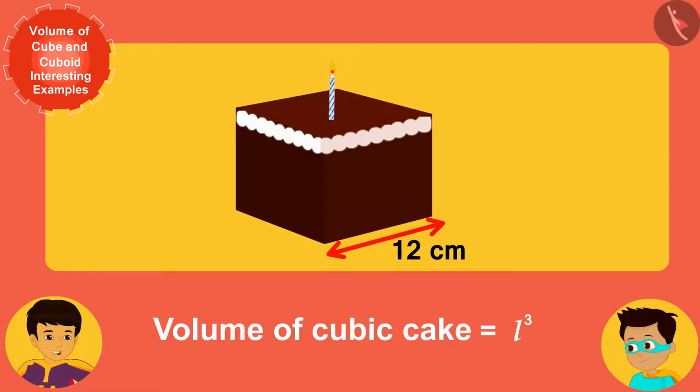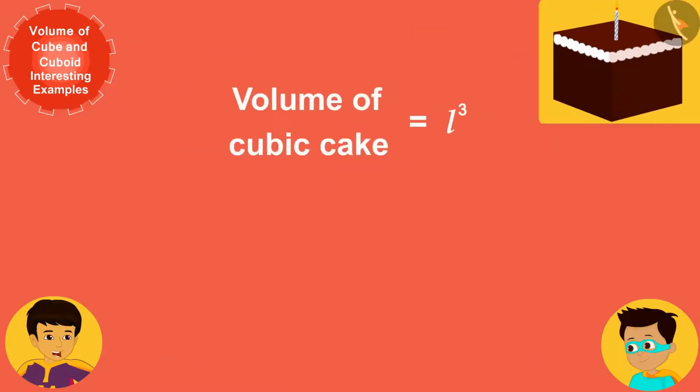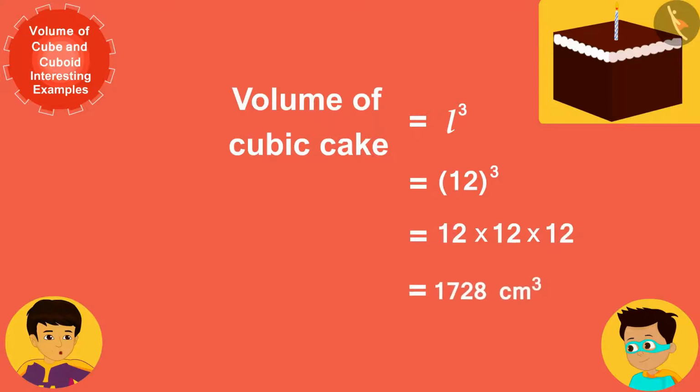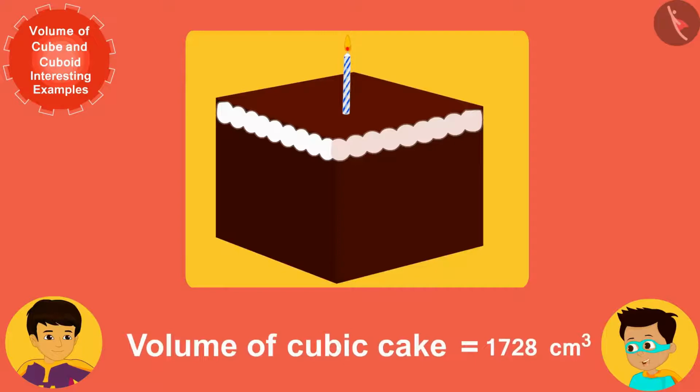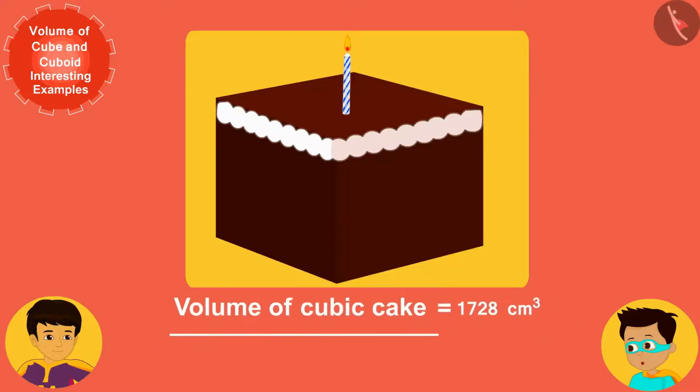So, if I replace L here with the actual measure of the edges of the cubic cake, that is 12, then by solving it in this way, by writing 12 centimeters cubed, we can see that the volume of the cubic cake is 1728 centimeters cube.